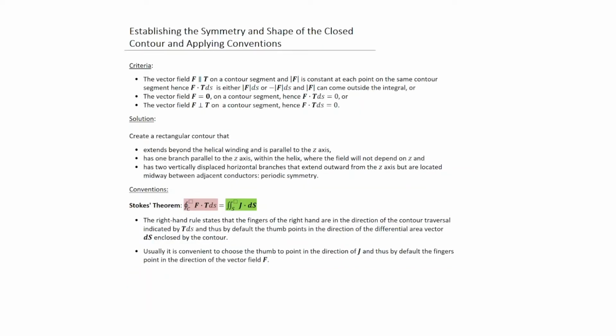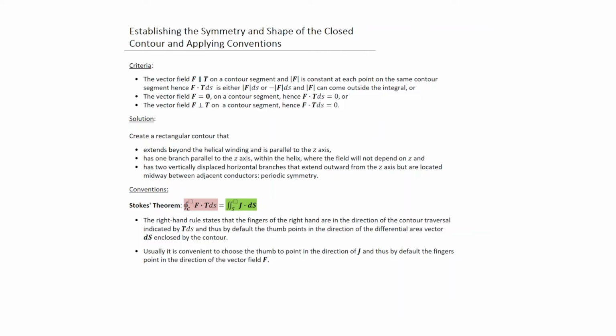All right, so the next thing is to establish the symmetry, to shape the closed contour, and to apply the conventions. As we discussed in a previous lecture, the criteria for choosing the shape of the closed contour are one of three options. The vector field F is parallel to the tangent vector on a contour segment, and the magnitude of the field F is constant at each point on the same contour segment.